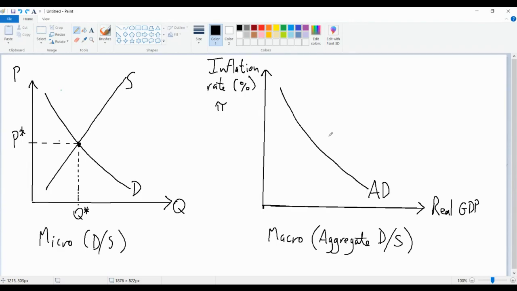Okay, so we're going to try and think about inflation and real GDP in much the same way that we think about markets at the micro level in terms of demand and supply. It won't quite be the same, but there'll be enough similarity that it'll be useful. And again, you may have seen this before, but depending on which textbook you were using, it may not have had the inflation rate here.